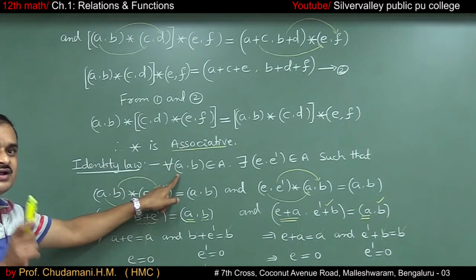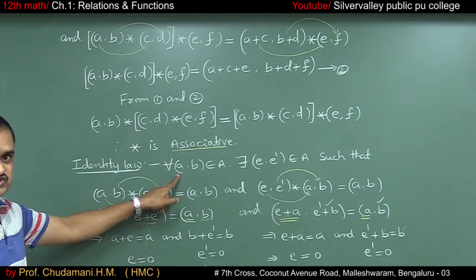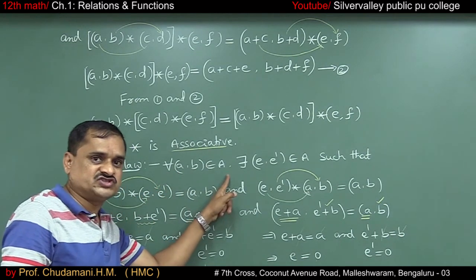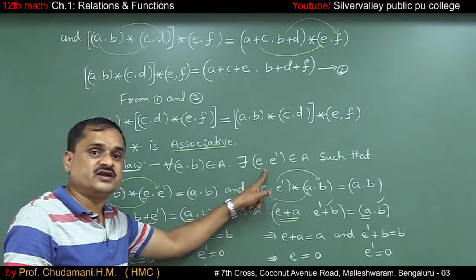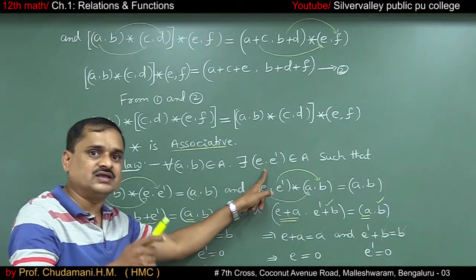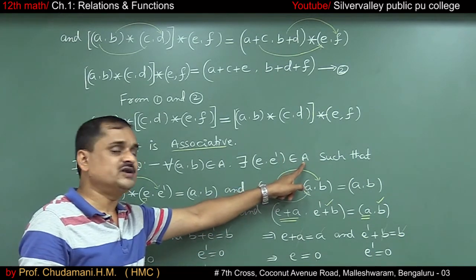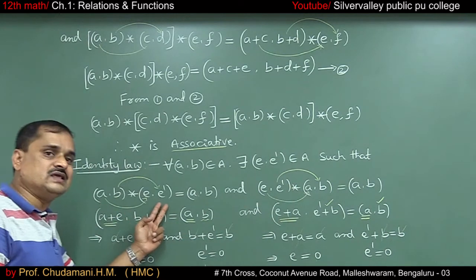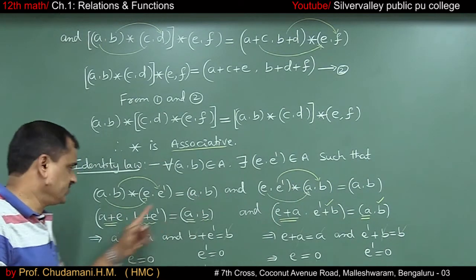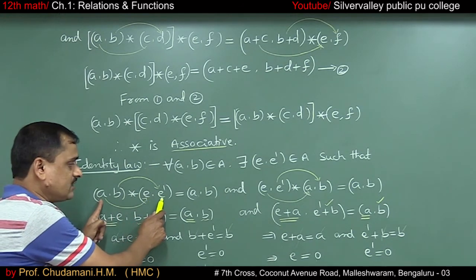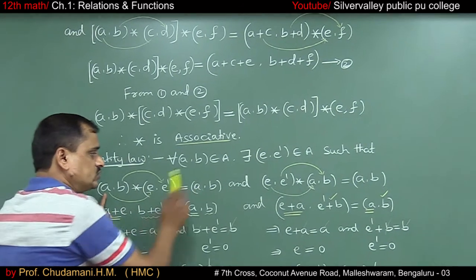Let us verify the identity law. So here an ordered pair is an element, since it is N cross N, cross product. For all an element (a, b) belongs to the set A, there exists an identity element. You should not take E as the identity element. (e, e') is an element belongs to N cross N, such that A star E is equal to A, that is (a, b) star (e, e') is equal to (a, b).